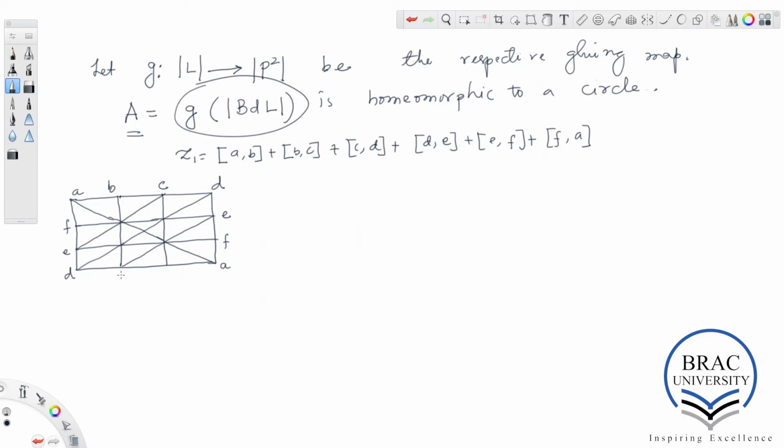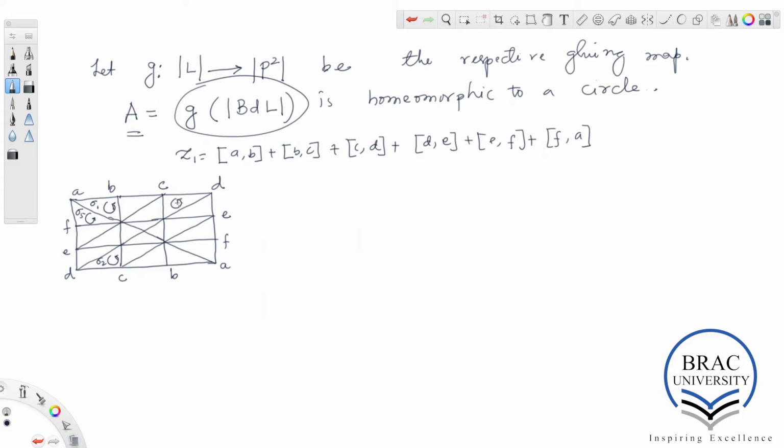And now this is D, C, B, A. We are going to call this sigma 1, this sigma 5, this sigma 2. You remember that all the 2 simplices here in the label rectangle L are oriented counterclockwise.